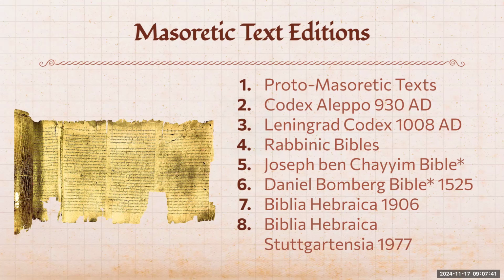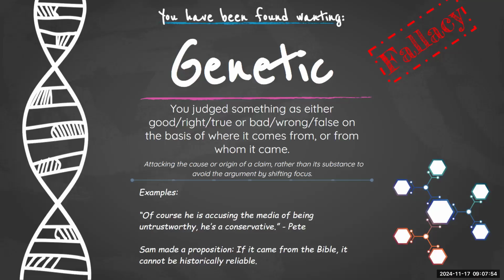And so his argument essentially would amount to the genetic fallacy. Last week I was talking to Mark, and we were talking about fallacies, and I have a whole bunch of these that I've created over time, just fallacy arguments, and this is the genetic fallacy.